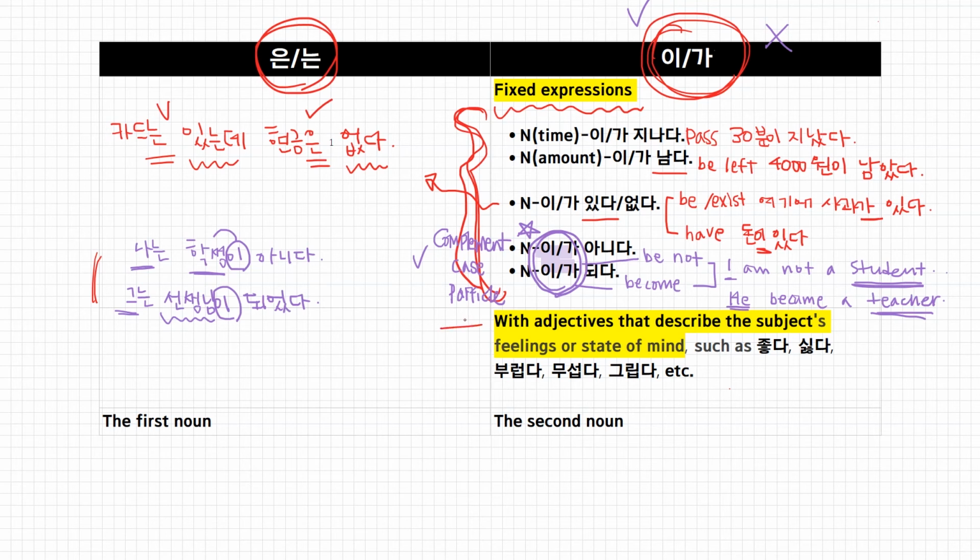이가 is used with adjectives that describe the subject's feelings or state of mind, such as 좋다, 싫다, 부럽다, 무섭다, 그립다. These are actually called verb-like adjectives because they mean like, hate, envy, scare, miss. There are of course verbs for these.